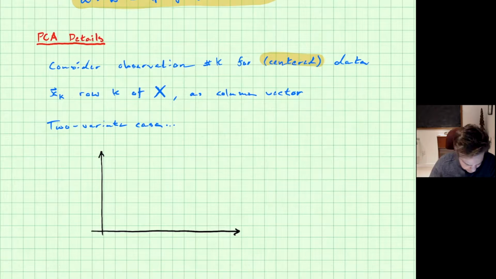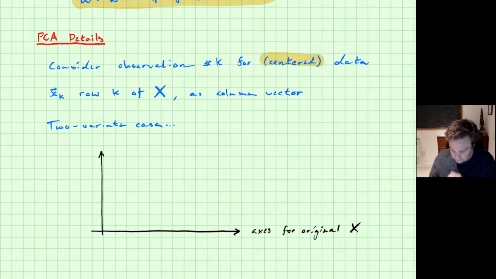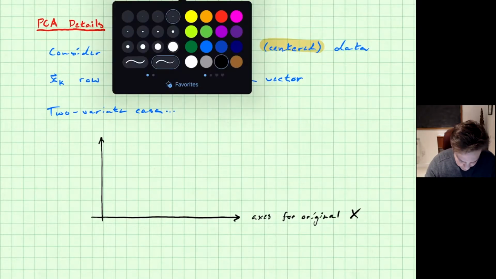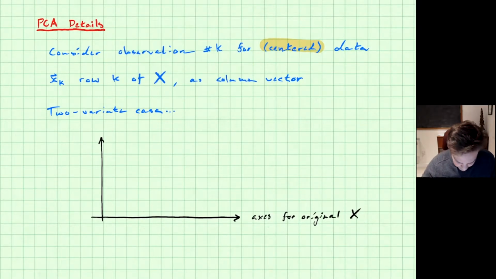So these are the axes for the original X. These might be like height and weight, for example. I think that's what we talked about in the previous lecture. Now let's put in blue observation K. It points off somewhere like that and lands at this spot, say here.